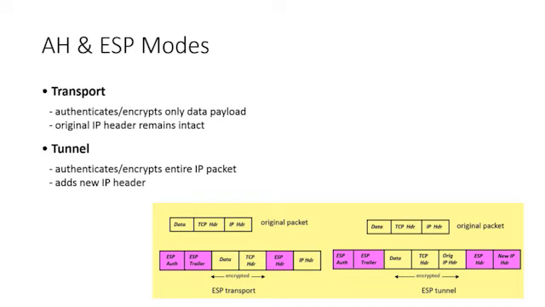Now, tunnel mode, on the other hand, authenticates and encrypts the entire IP packet. This actually adds in a new header. So having that new header, now we have a tunneling situation, a tunnel, if you will. Because, think about tunneling for a second. If we have a tunnel, right, everybody sees the tunnel on the internet.